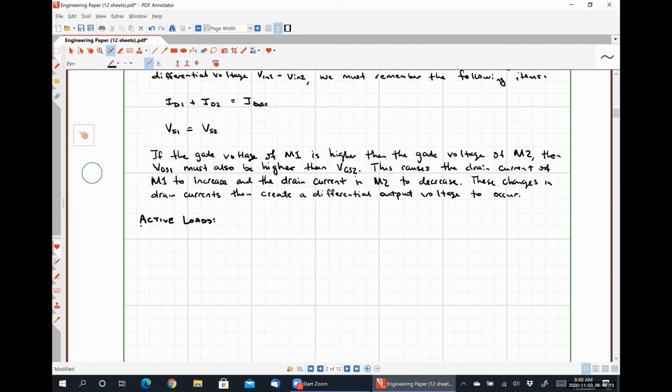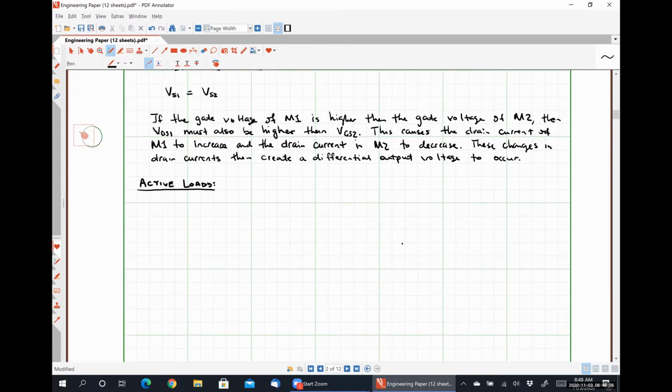Instead of using resistors to load our amplifier, let's use an active PMOS load, so an active PMOS current mirror to drive this. The reasons for doing this are twofold.